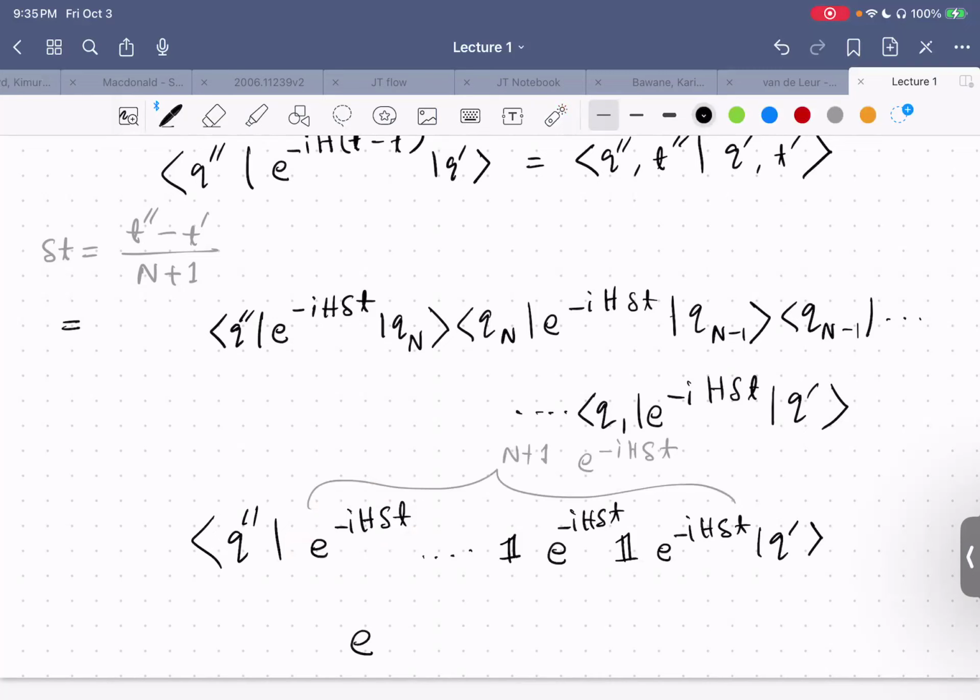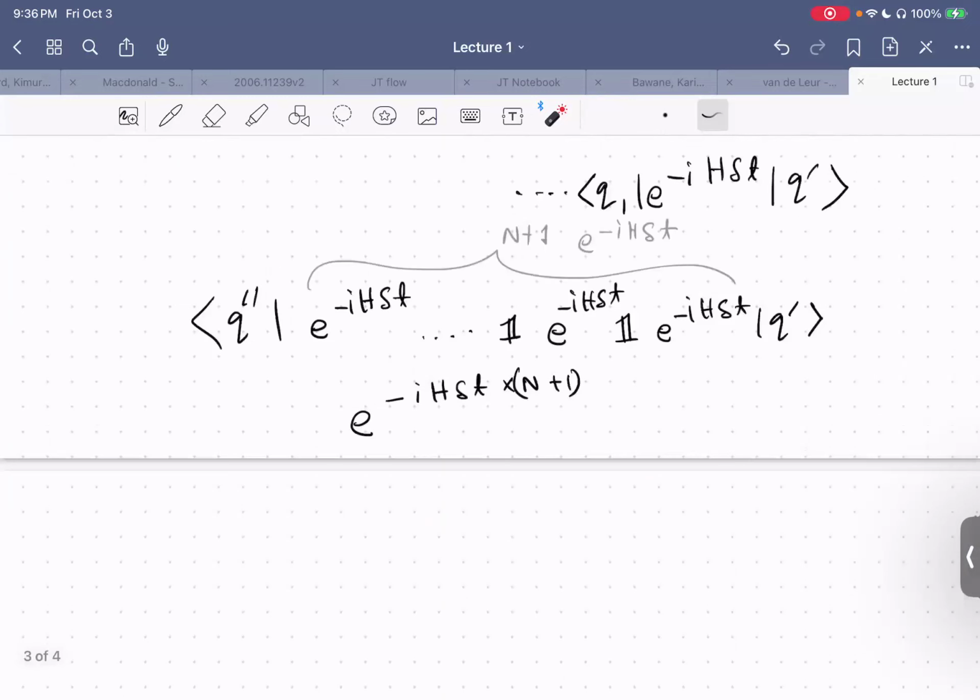So you basically have e to the power minus i h delta t, to the power n plus 1. And delta t is nothing but t double prime minus t prime over n plus 1. You multiply it by n plus 1, you just get the original time difference, right? So we haven't actually done anything. We have simply, by hand, inserted the identity operators a bunch of times, which is fine.